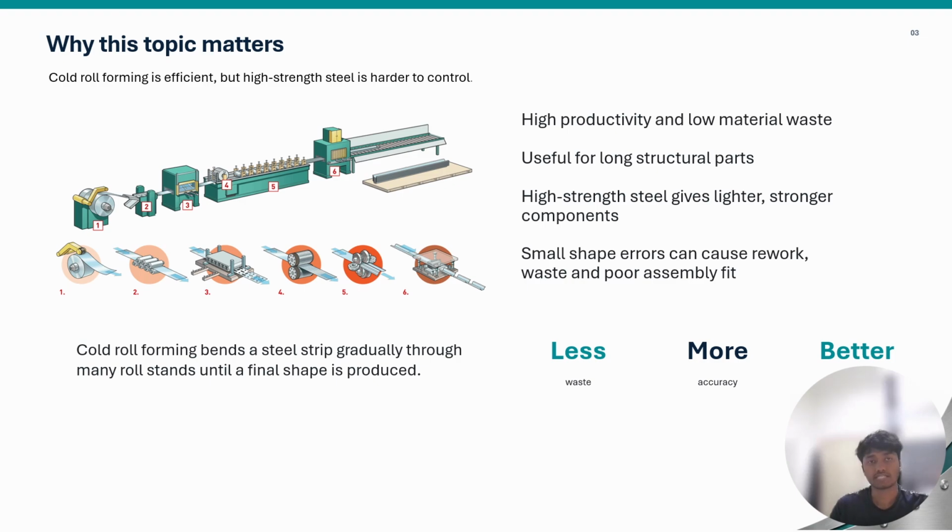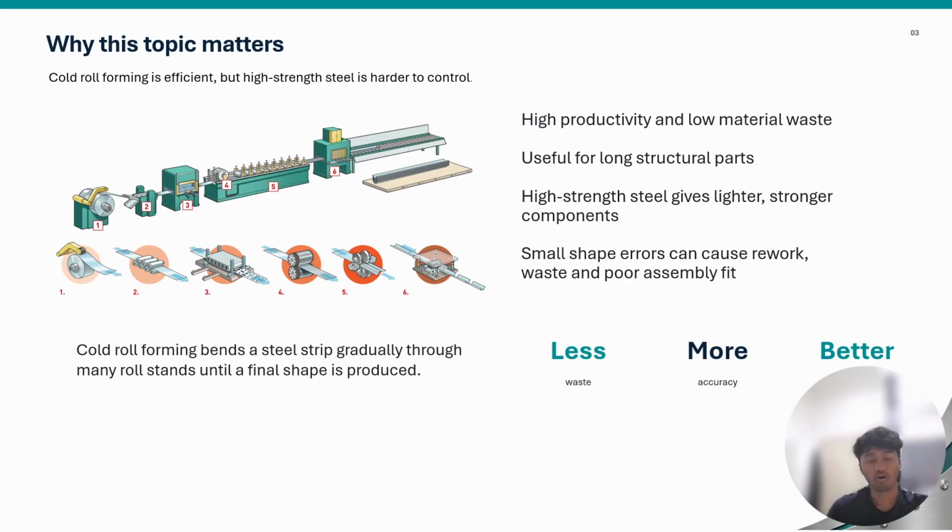As we can see, the cold roll forming process is a manufacturing process where a long steel strip is gradually bent through several roll stands to create a final shape. This is important because it is high productivity, it has low material waste, and it is used for making long structural parts.